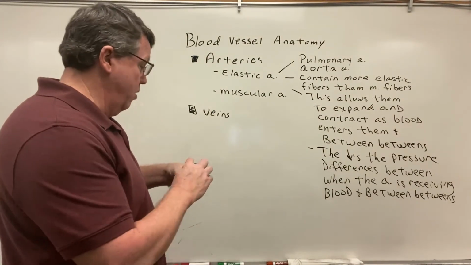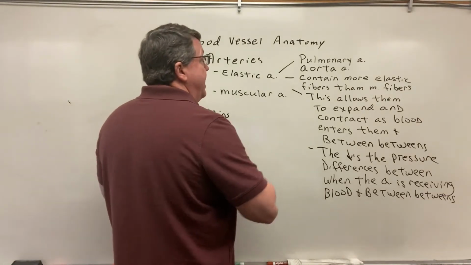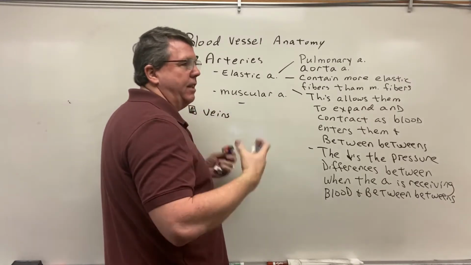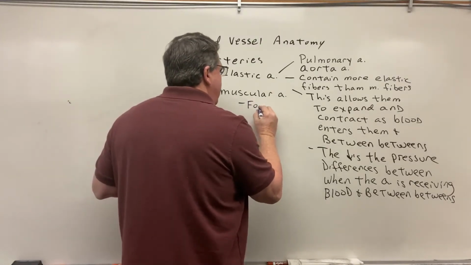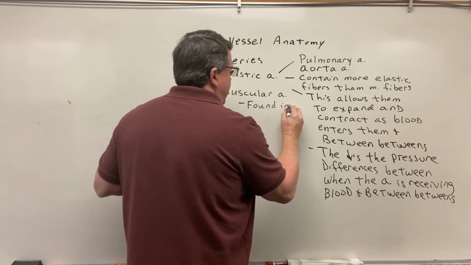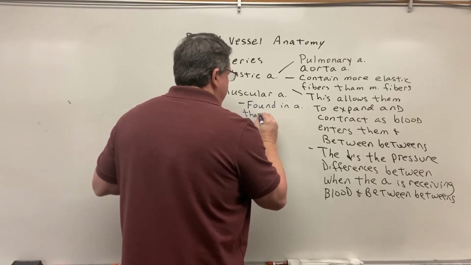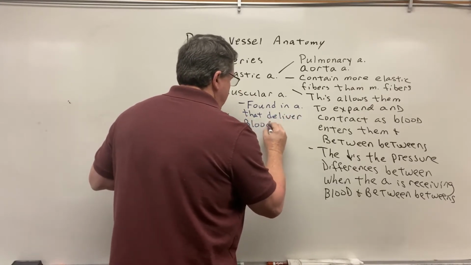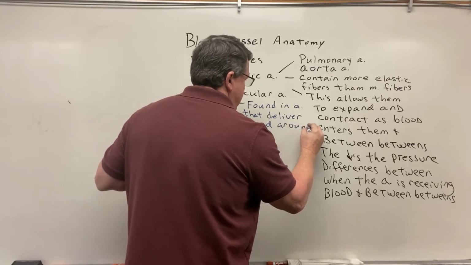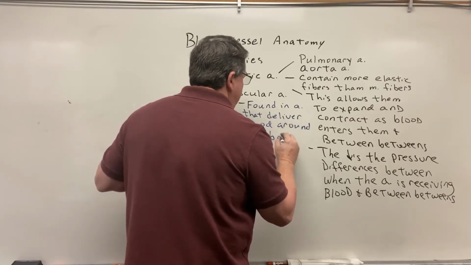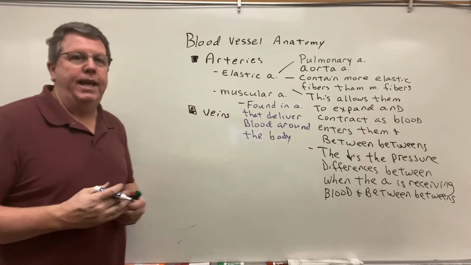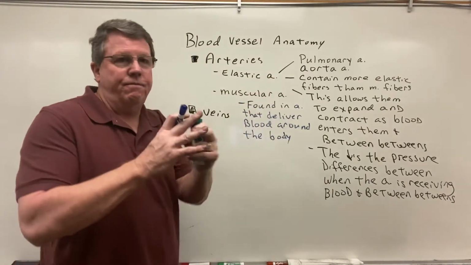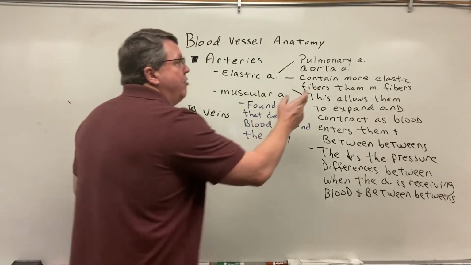The muscular arteries now, okay? So instead of being our really large arteries, this is going to be more of the arteries that deliver blood just around the body. So going up into the head, going to my arms, going into my legs, that's going to be muscular. Now, if this had more elastic fibers so it could expand, these are going to have more muscle fibers.